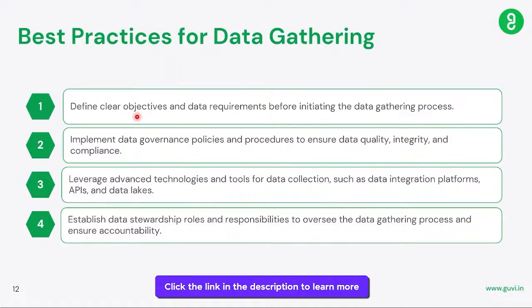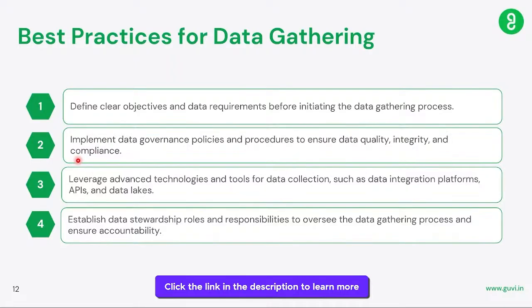This involves understanding the purpose of the analysis, defining key performance indicators, KPIs, and identifying the types of data needed to support decision making. By establishing clear objectives and data requirements upfront, organizations can focus their efforts on collecting relevant data that drives actionable insights.